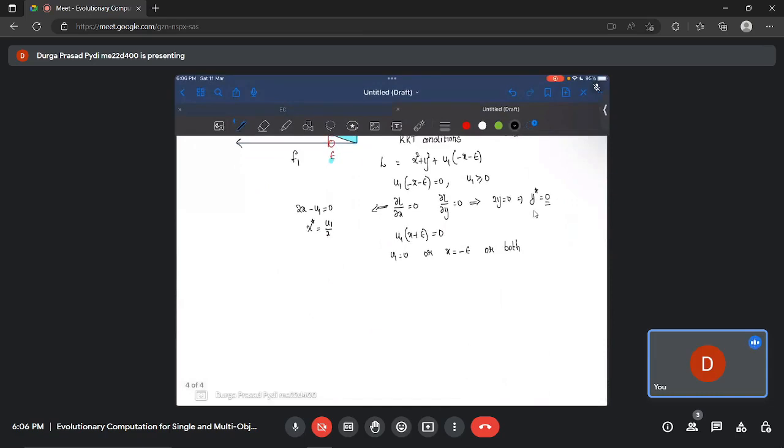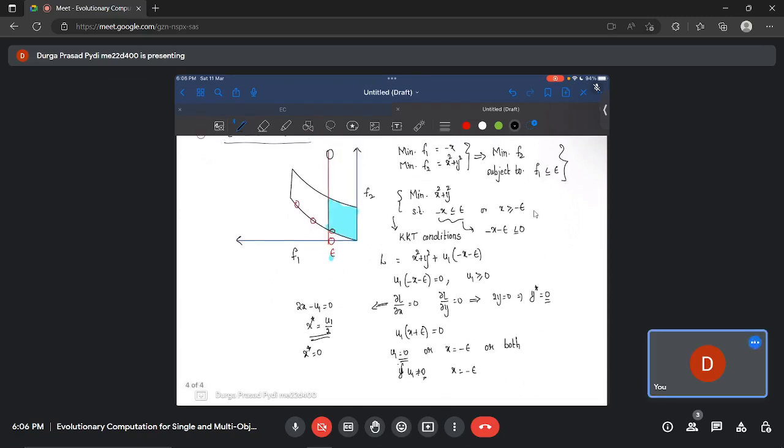Now when we solve this, we have x star equal to u1 by 2. If u1 equal to 0, you get a point x star equal to 0. That could be one point. There could be another case where u1 is not equal to 0, and then x should be minus epsilon. So there are essentially two possible solutions. The first case, x star equal to 0, corresponds to this point, one point for the Pareto optimal.